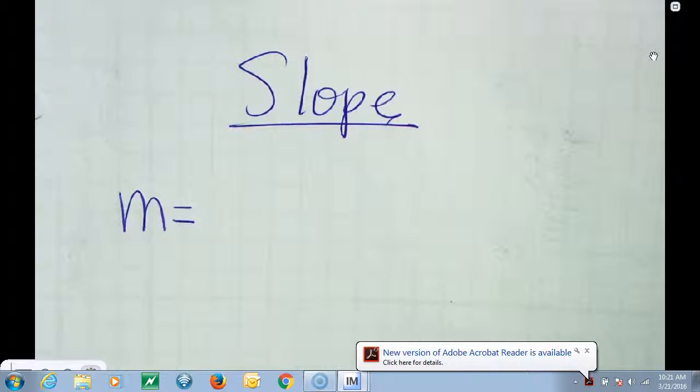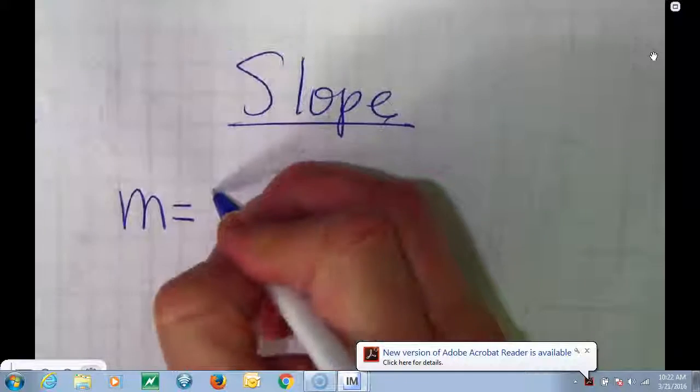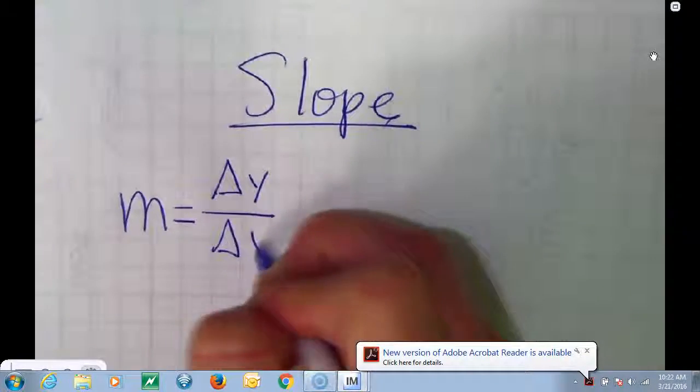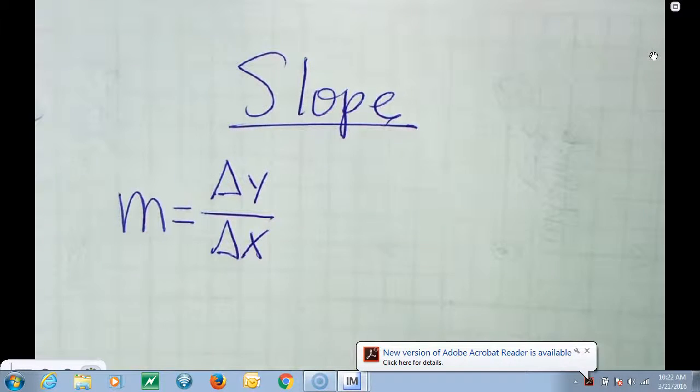So on the next clean spot, we've already written this in the spiral before, but we're going to write it again. M equals change in y over change in x. That's one way we can get it off of a table. We just worked on that. That's one way to get the slope. Change in y over the change in x.